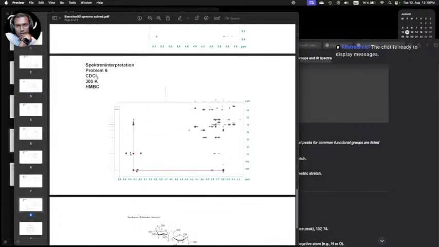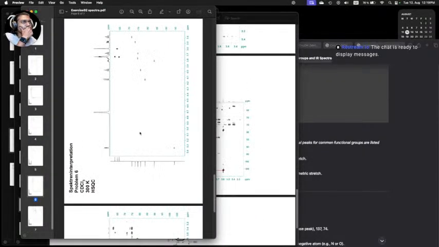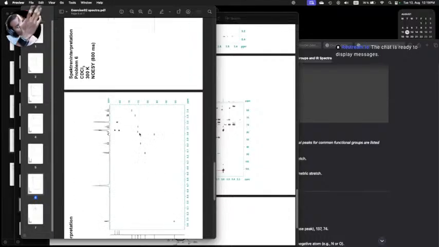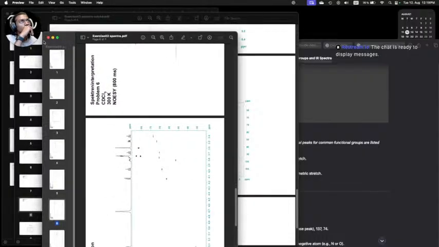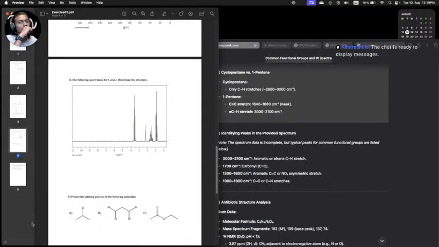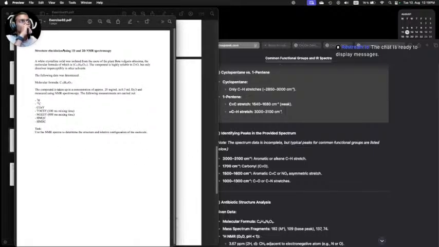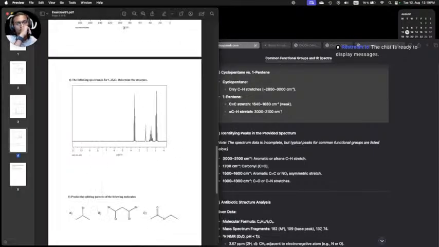Okay, that's NMR. That's the same thing.